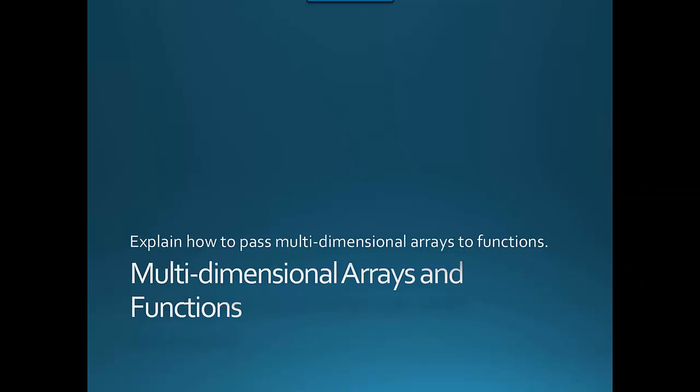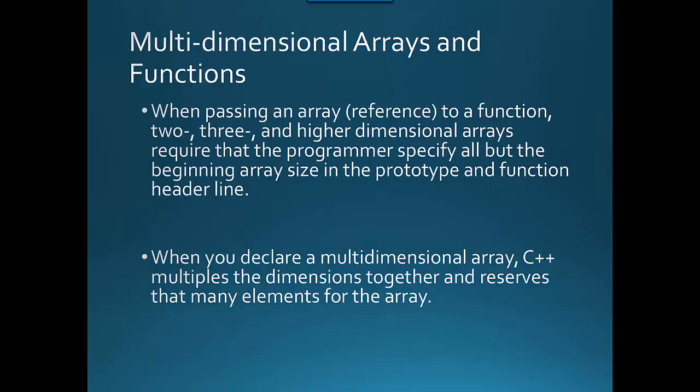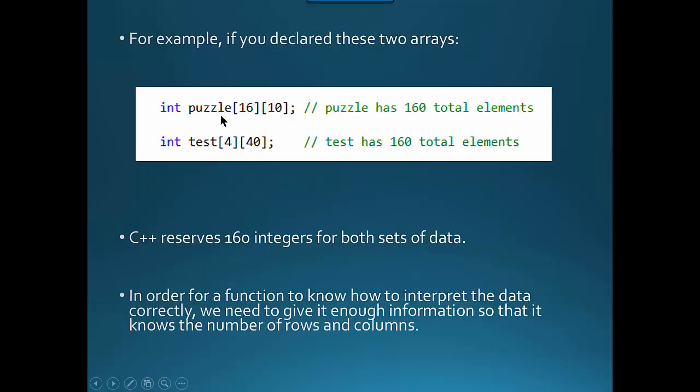Next, just like regular arrays, they can be passed to functions. One of the wrinkles when you pass a 2-dimensional or multi-dimensional array to a function is you must specify all but the first dimension's size, so that the function knows how to access elements in that array. For example, say we have two arrays.